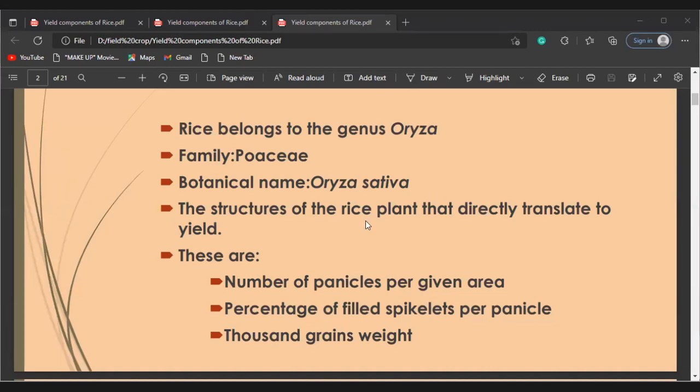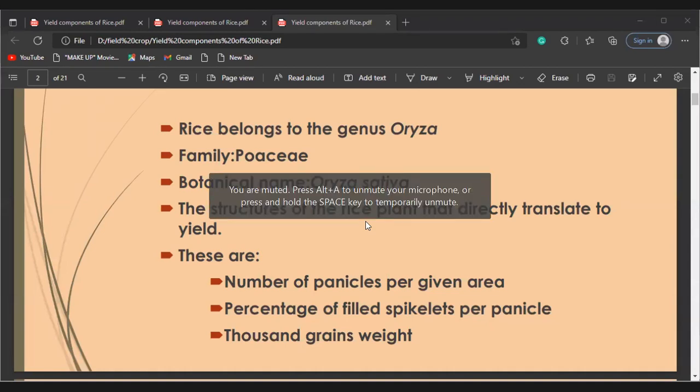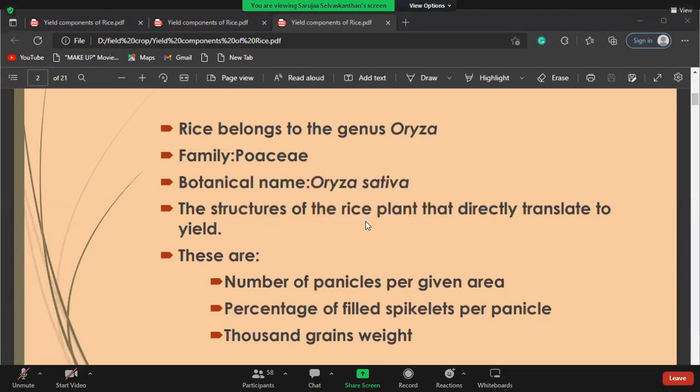Then these are the yield components. Yes, these are the parameters, or otherwise we can say these are the factors that determine the yield component of rice. What are the determining factors of rice yield? What are the parameters?